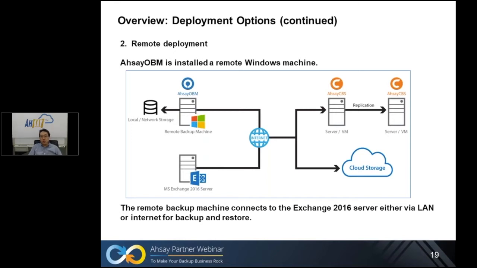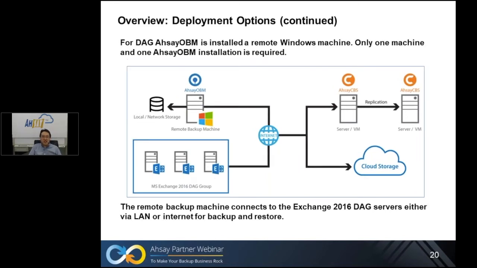For example, if you want to back up mail level on the DAG setup, you just need one OBM installed on one remote machine, and it'll take care of the whole DAG setup. And again, obviously, the remote machine can connect to the DAG setup either via LAN or internet for backup and restore.